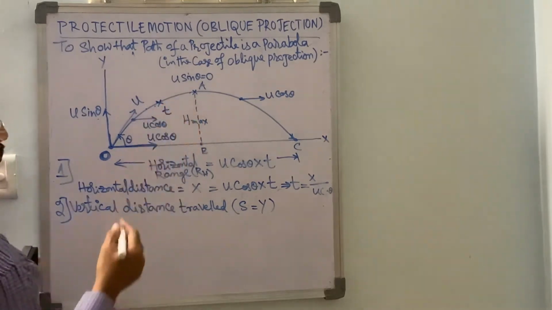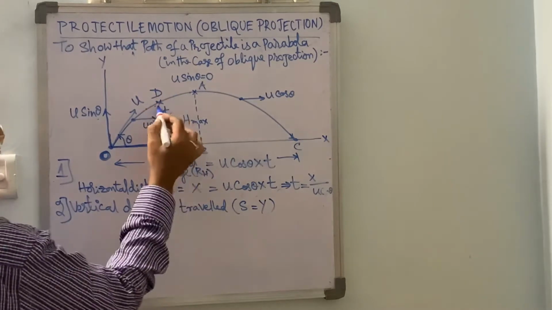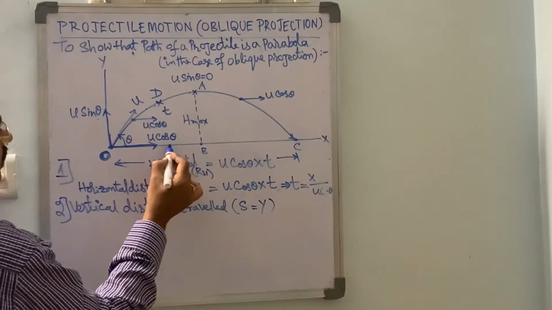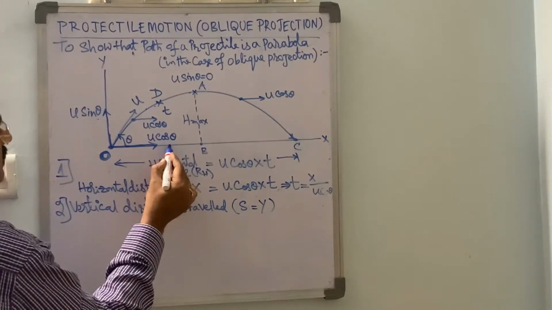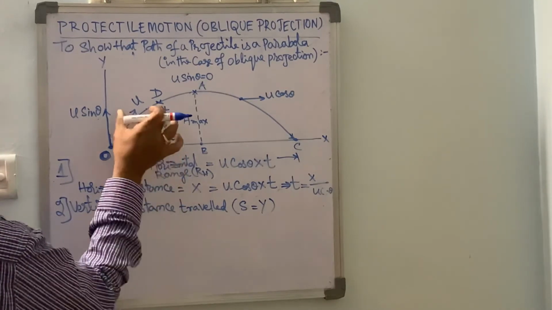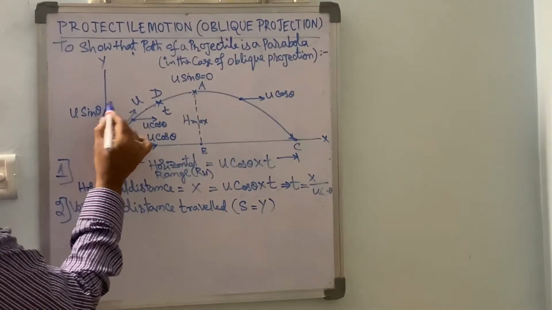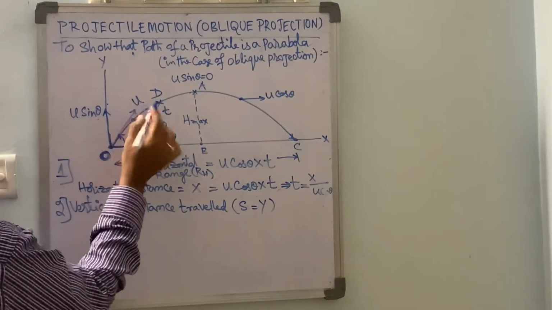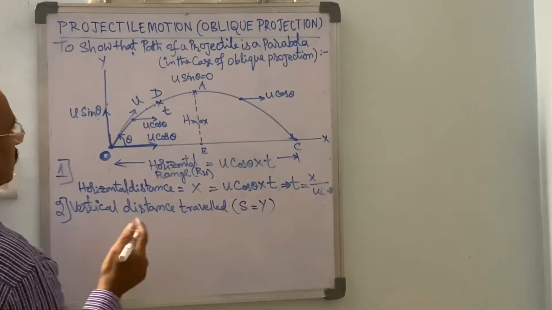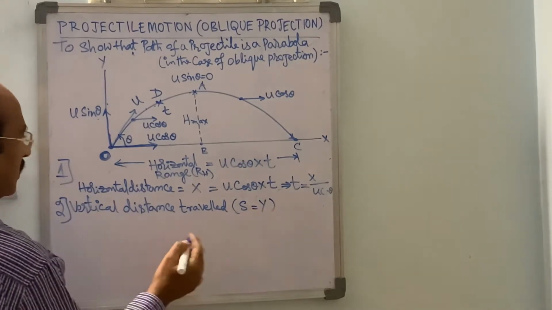Let it reach the point D in t seconds. Then by drawing a vertical, it cuts a point on the x-axis, that is E. Then this is the horizontal distance travelled. Now when we draw a perpendicular to the y-axis, this is the vertical distance travelled, let it be y, at instant of time t.